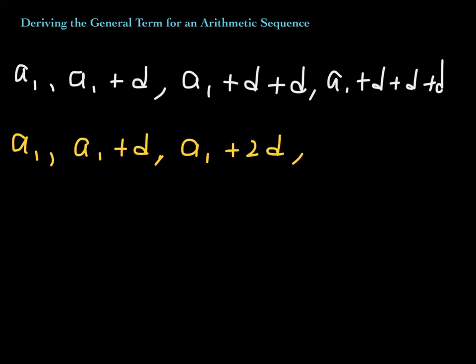The fourth term is a sub 1 plus 3d. And I'm going to say etc. So do you see the pattern? This is your first term. This is your second term. This is your third term. This is your fourth term.